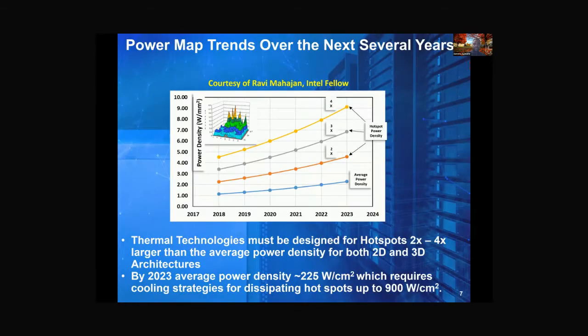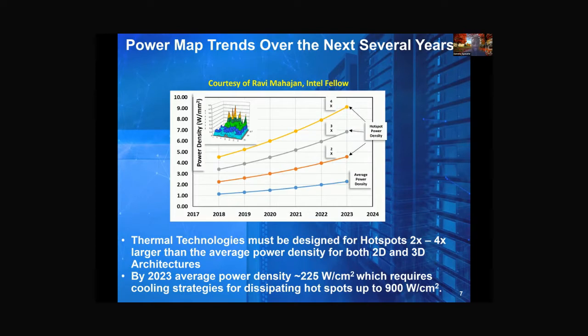And so here's another slide, courtesy of Ravi Mahajan, an Intel Fellow, and this shows a power map over the next several years.